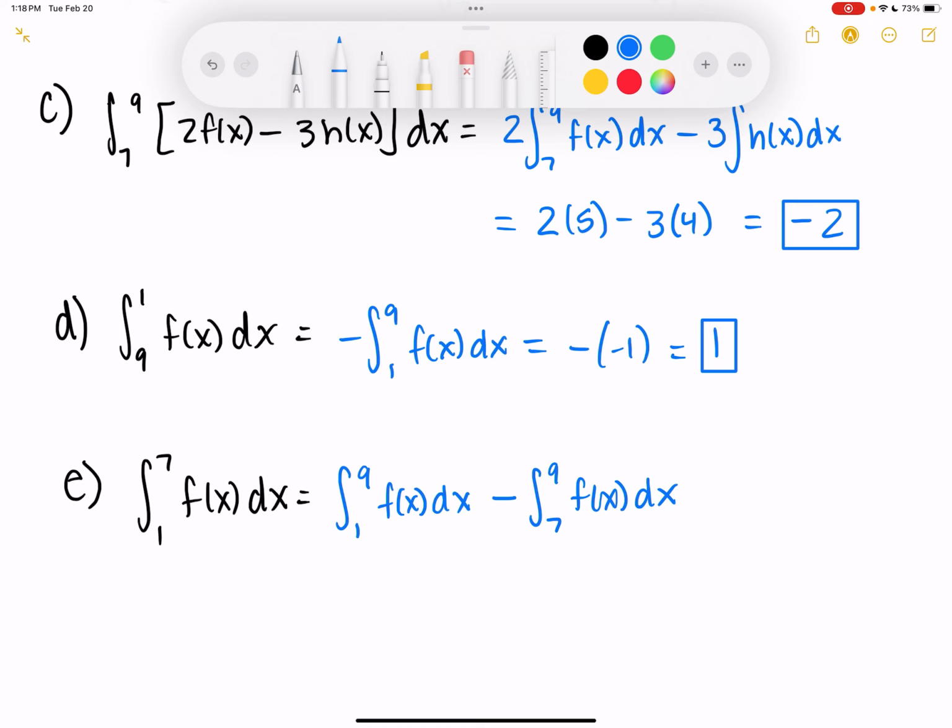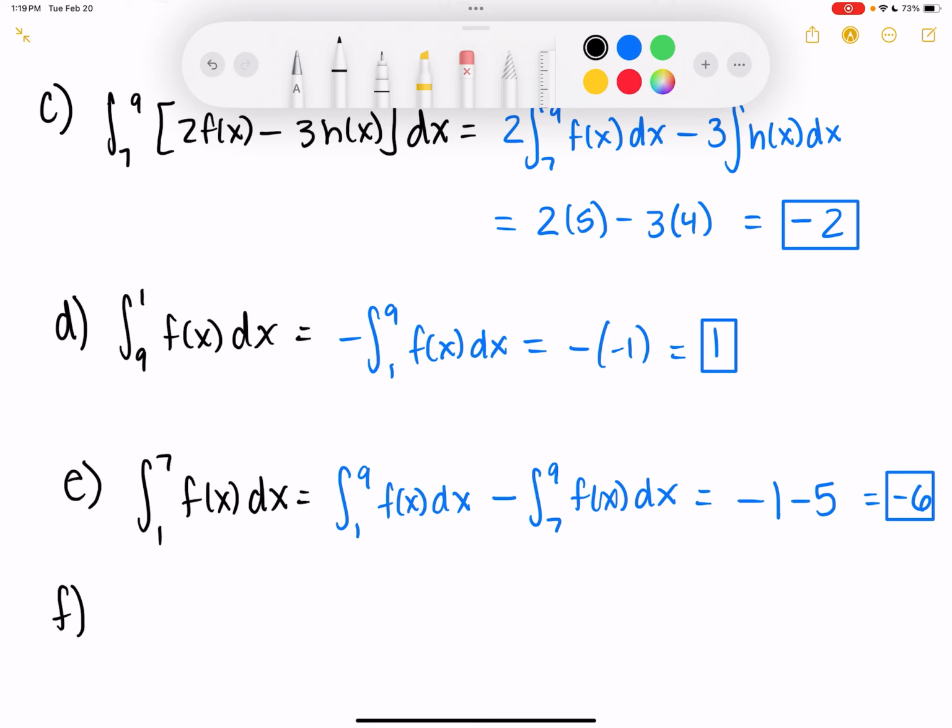So 1 to 9 is negative 1. So negative 1 minus 7 to 9, which is 5, so this would be negative 6. While it's not explicitly written, the process works the same way. If we want to find something that we're not given exactly, we can manipulate it like that.